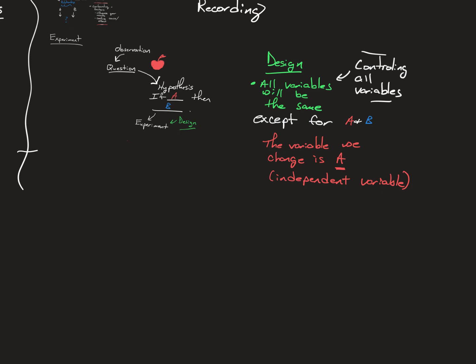The outcome, which I love the way you said that, the outcome we don't control either. We just want to see what is the relationship between A and B. I'm going to change A, and I'm going to see what happens to B. But theoretically, according to our hypothesis, what is B dependent on? A. So we call that the dependent variable.